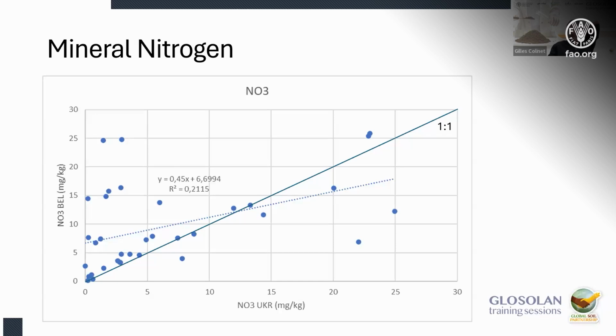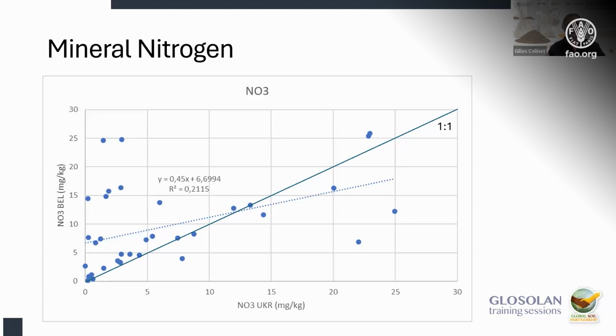So we made the measurements, and we also had measurements that were made in Ukraine. So I put here the comparison of what we measured and what was measured in Ukraine.